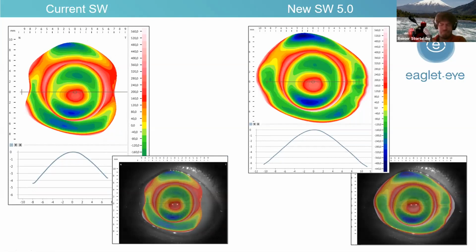Here are a couple of examples showing what you could have noticed in the past, that it is breaking, on the nasal or most often on the temporal side. With the new algorithm, you will not have this problem quickly anymore.